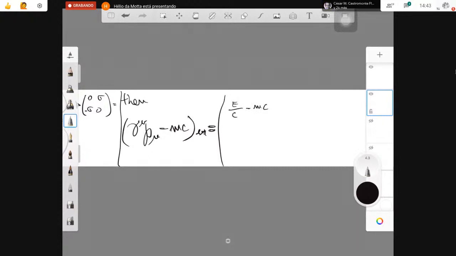Here will be minus P. Remember that P is the momentum. P, c minus mc.